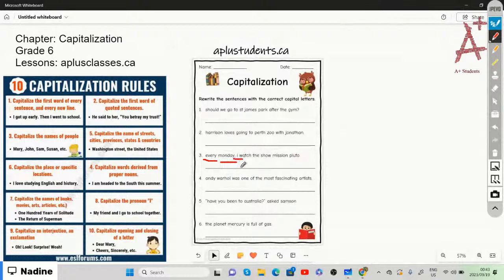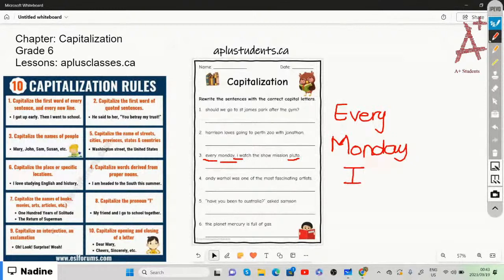Remember we said that the pronoun I needs to be written with a capital letter, and Pluto. So every needs to be capitalized because it is the start of a sentence. Monday, because Monday is a day of the week. Even I, because I is a pronoun.